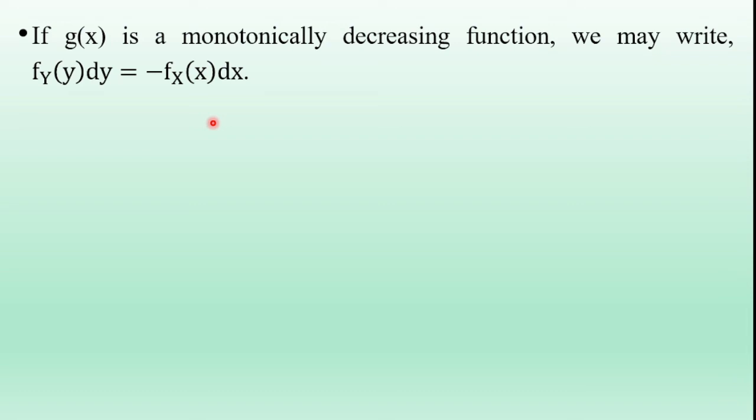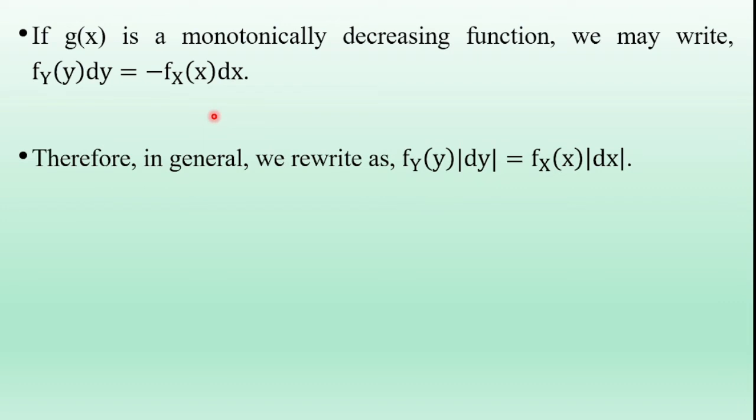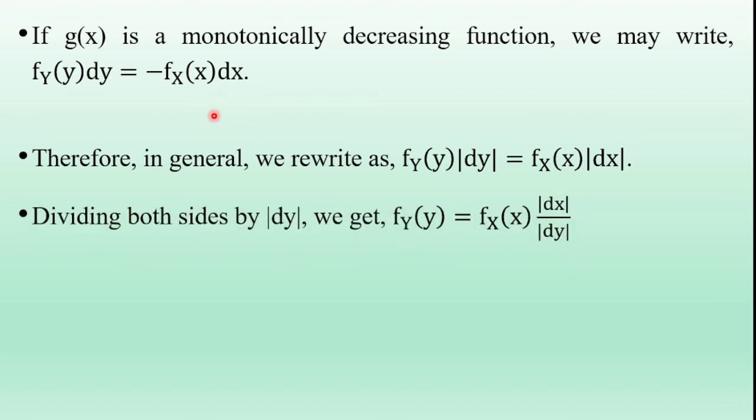From the above two equations, monotonically decreasing function equation and monotonically increasing function equation, generally we can write fY(y) magnitude of dy is equal to fX(x) magnitude of dx. This equation is called the conservation of probability in one-to-one transformation from a random variable X to another random variable Y.